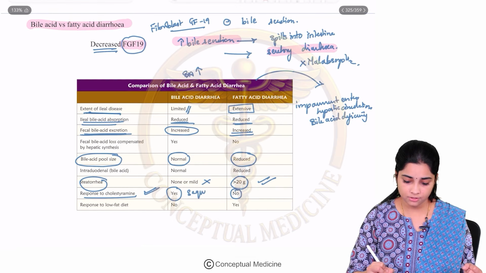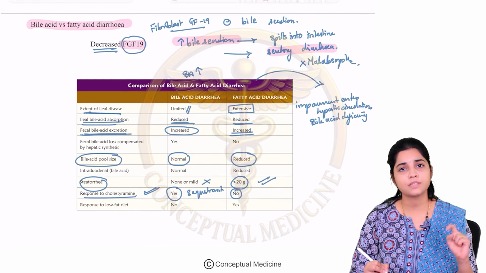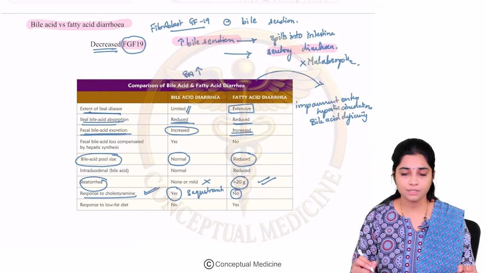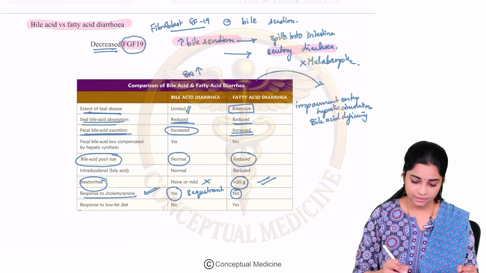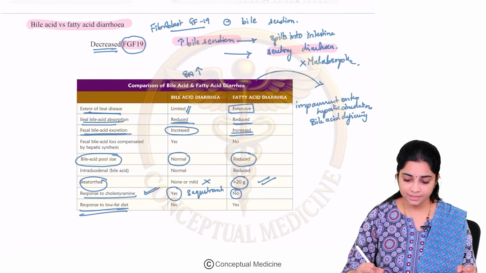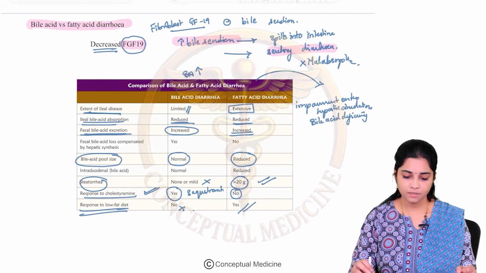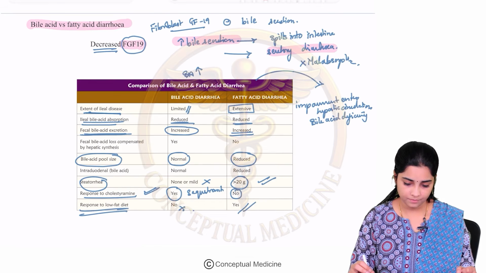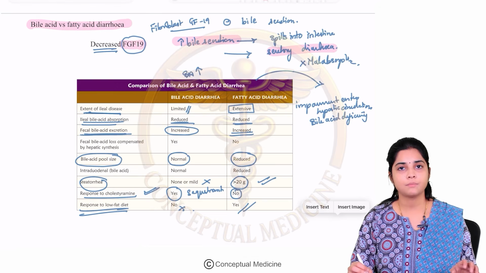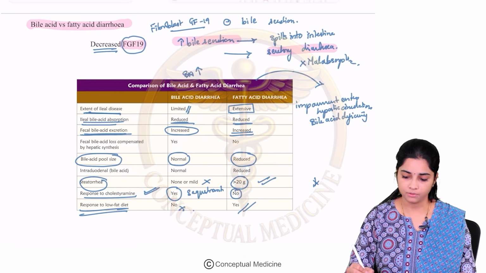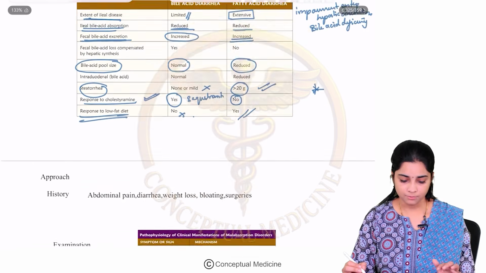So there is response to cholestyramine in bile acid diarrhea, but no response in fatty acid diarrhea. Then the response to low fat diet will be there in which one? In fatty acid diarrhea, but not in bile acid diarrhea. Okay. So this is about your bile acid diarrhea and fatty acid diarrhea. Very, very important. Fine. Now let us move on.